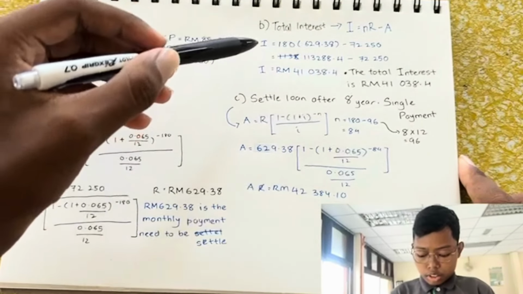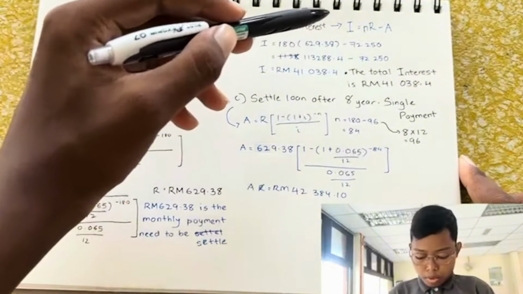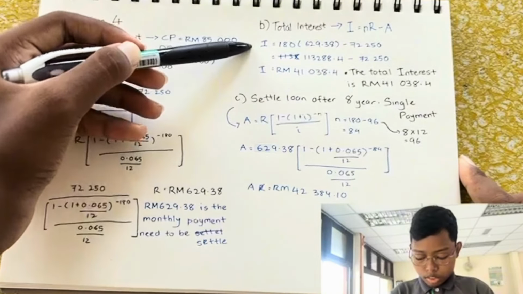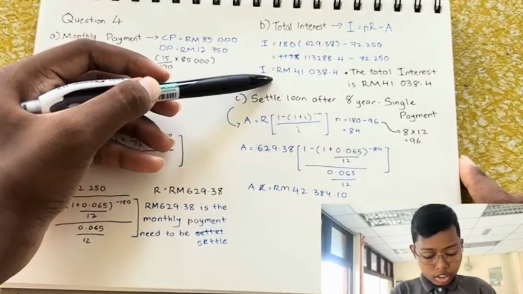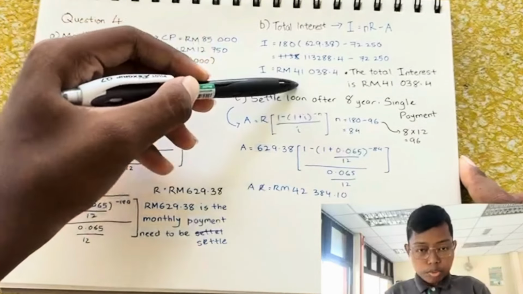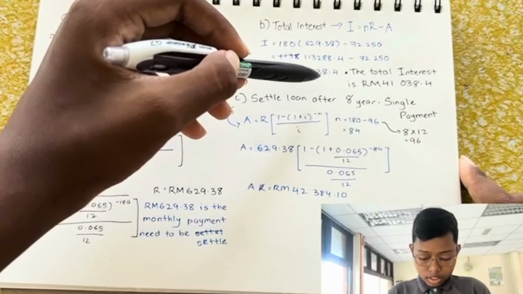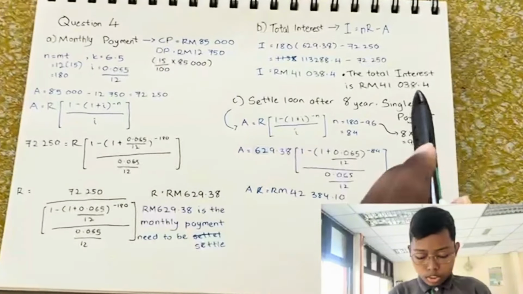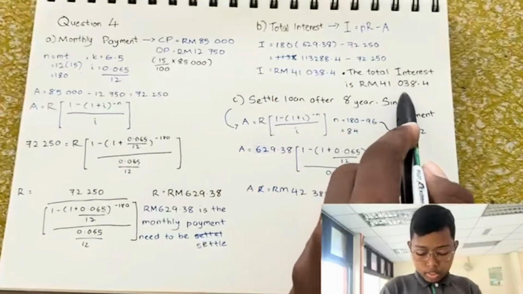Then we can use this formula and get the total interest, which is 41,038.4.